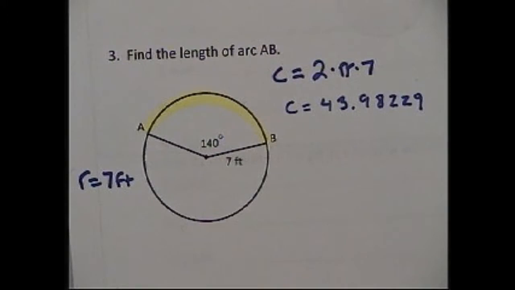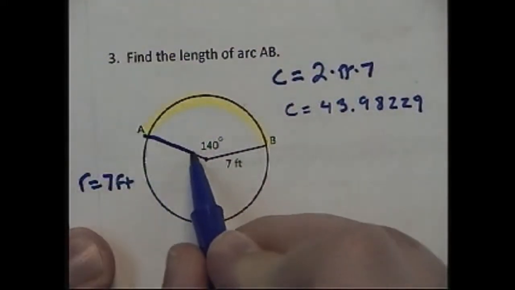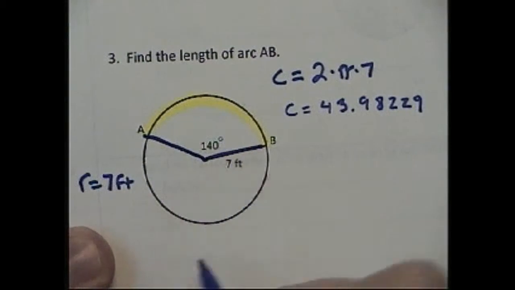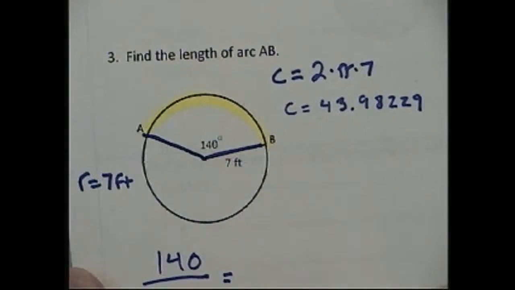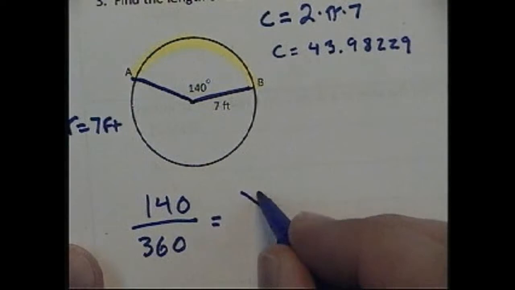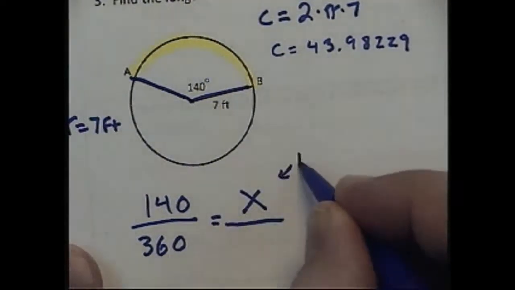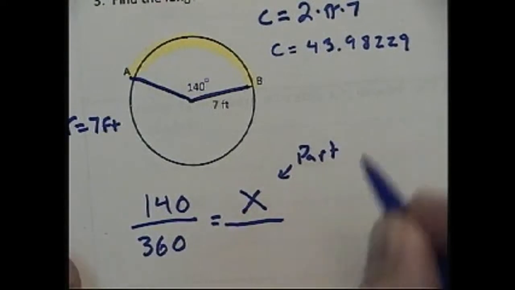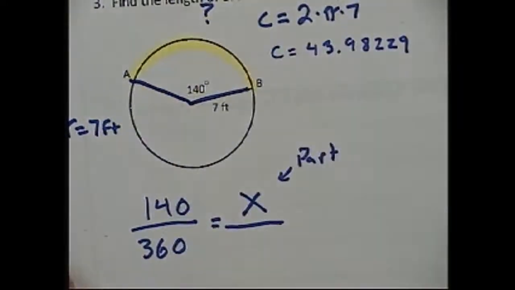Now I set up my proportion. The measure of this central angle that tells me how much of the circle this is is 140 over the total circle, which would be 360 degrees. I'm going to put my variable in the numerator here on top because I don't know the part. That is the length of the part. What is that length?